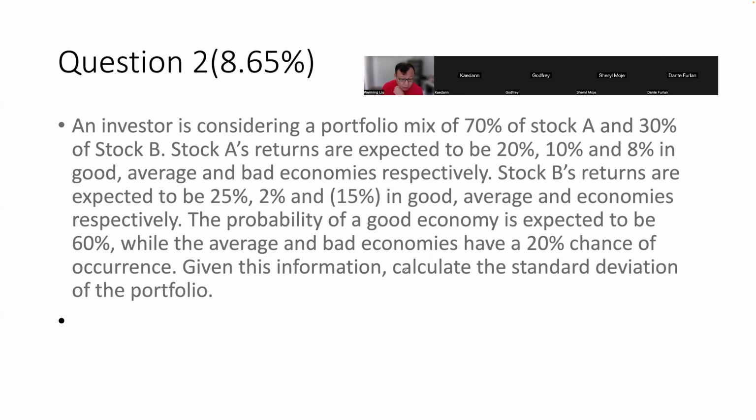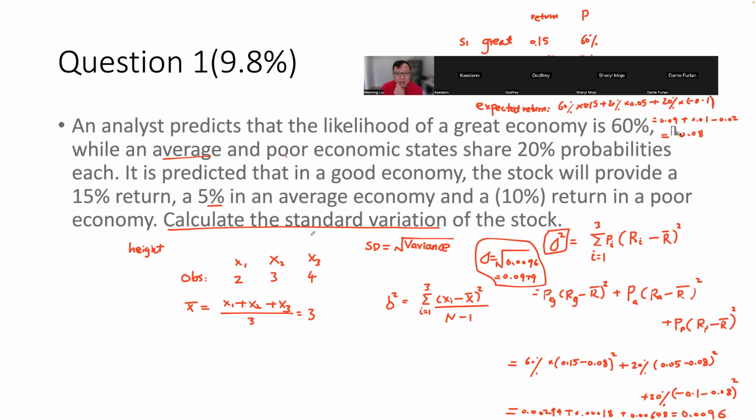So let's take a look at the previous question. The previous question is to calculate the standard deviation of the stock. So just a single stock, right? In question one, we are only dealing with one stock, right? But if you know just a little bit about investment, you know that people build a portfolio, right?